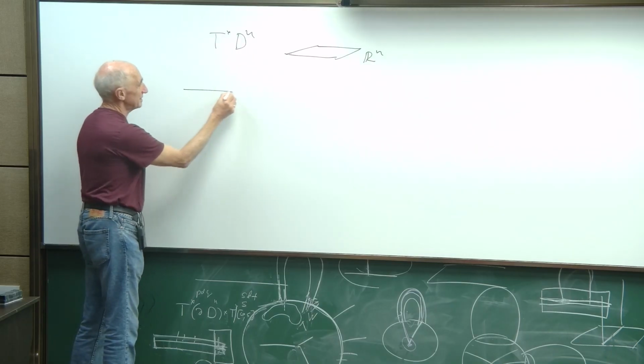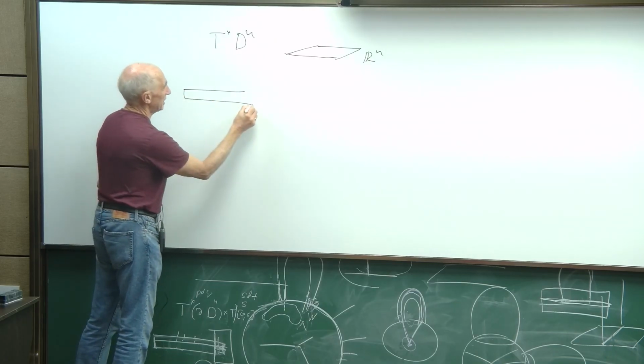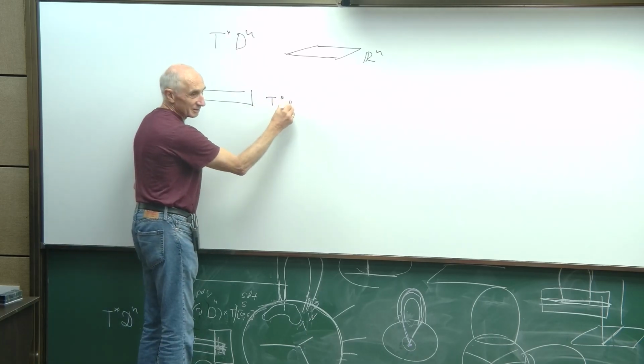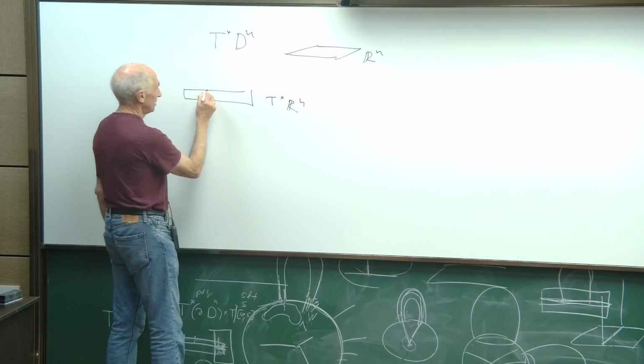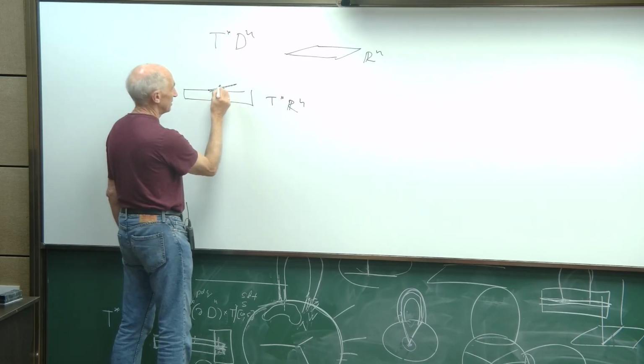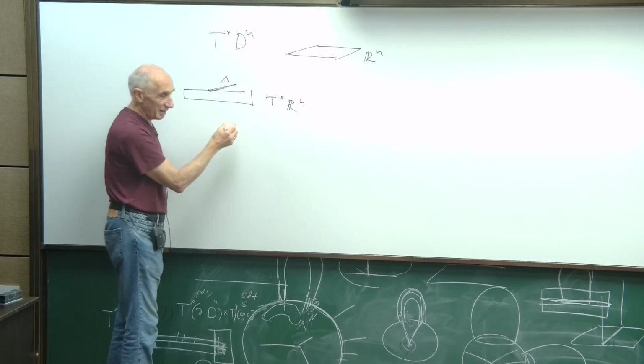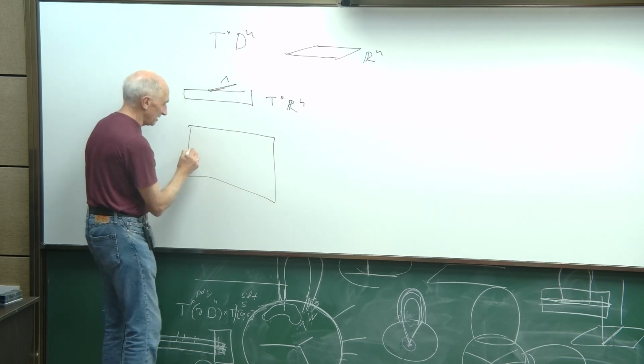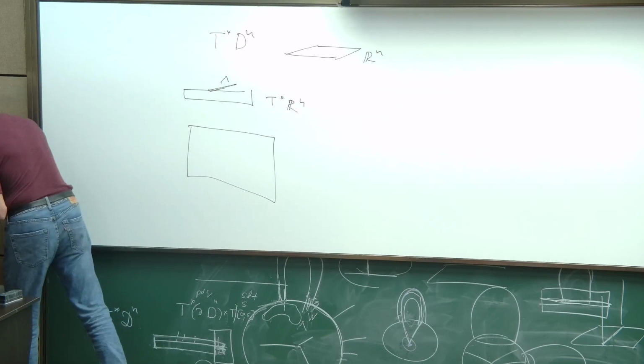So the next good thing: we take T*R^n, and then suppose you have a Legendrian Lambda in the boundary, and the front projection of this Legendrian is a front.